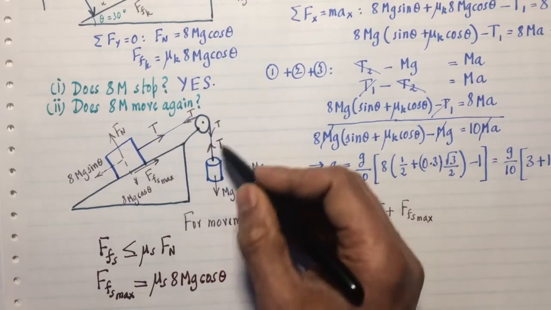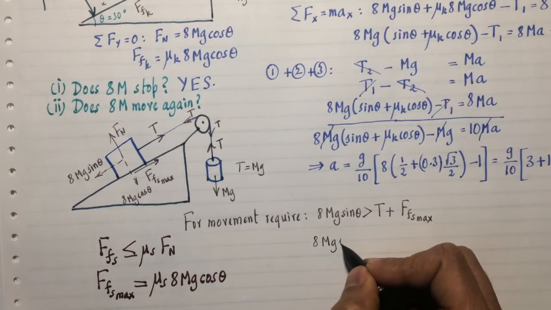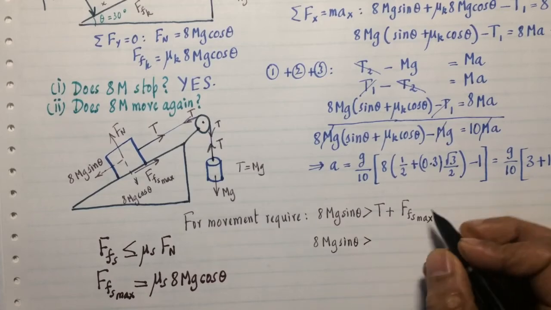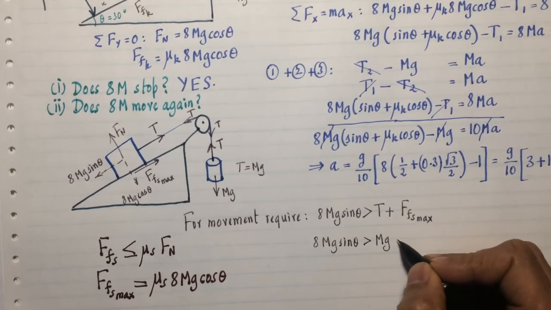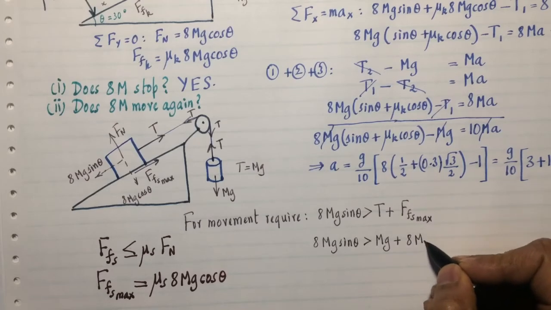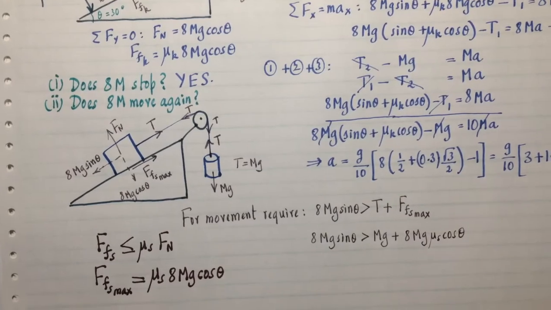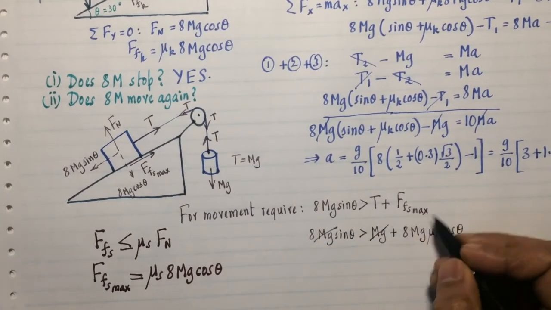Anyway, so we have here everything we need to answer the question, and T is equal to mg here because this is not accelerating. Is 8mg sine theta bigger or not than tension, which is mg, plus 8mg times mu s cosine theta? Mg cancels out.